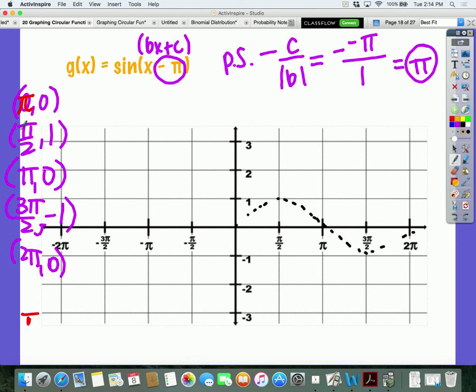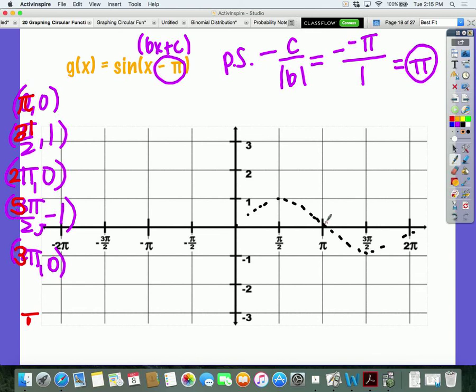So it's going to be 3 pi over 2. What is pi plus pi? 2 pi. You're just adding pi to every x. What's 3 pi over 2 plus pi? 5 pi over 2. And what is 2 pi plus pi? 3 pi.